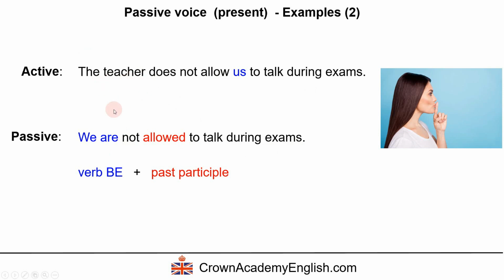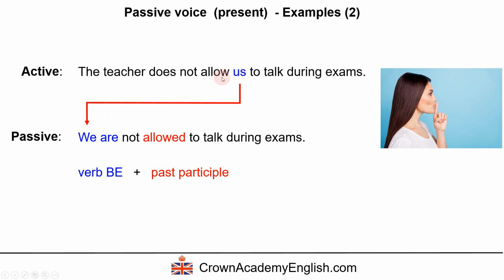And the subject now disappears. And we take the object of allow, which is us. So us is an object pronoun, first person plural. And we take that and we make it a subject of the verb be. So we now have we, which is the first person plural subject of the verb be.